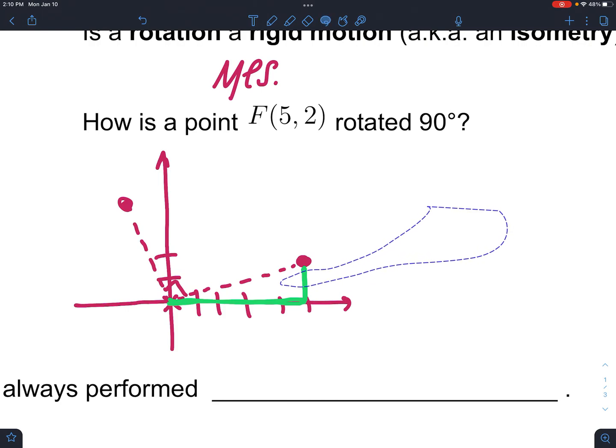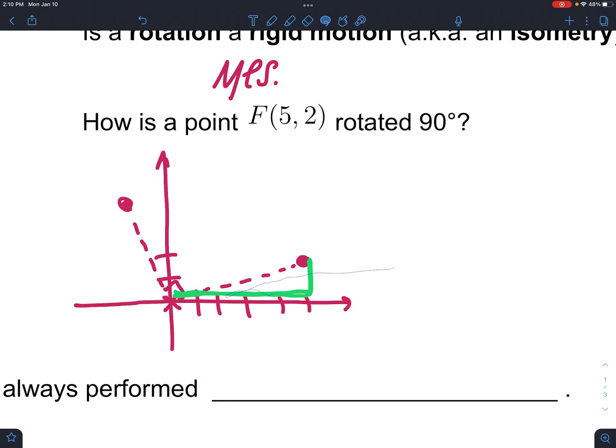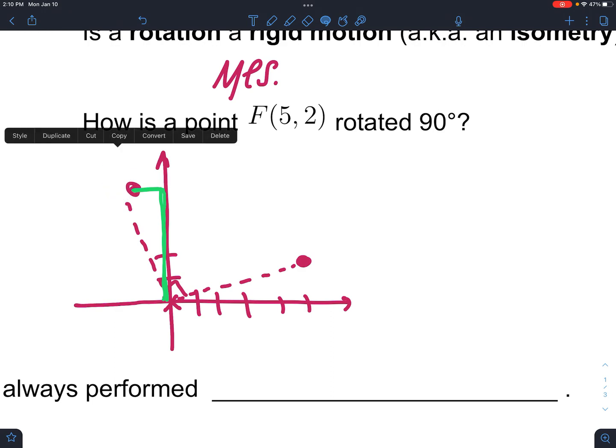So what I'm going to do is take this L shape, and let's see if I can get a better grip on it. Okay, and I'm going to rotate it 90 degrees like this. So we see that our point was a little off, right?